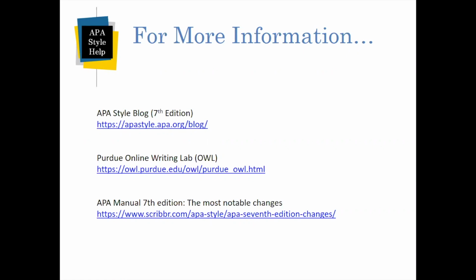The next site that we recommend is the Purdue Online Writing Lab, also known as OWL. The URL is there, but if you Google Purdue OWL, it takes you right to it. That is a good source of information. They do a good job of breaking down the different citation styles, or different citation formats, the different sources of information. And they go into way more depth than we do.